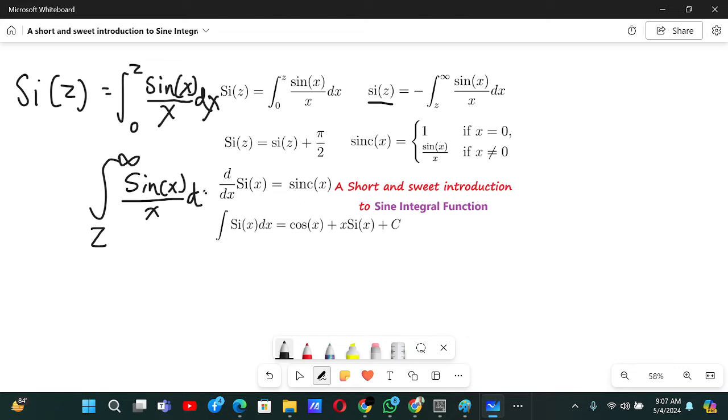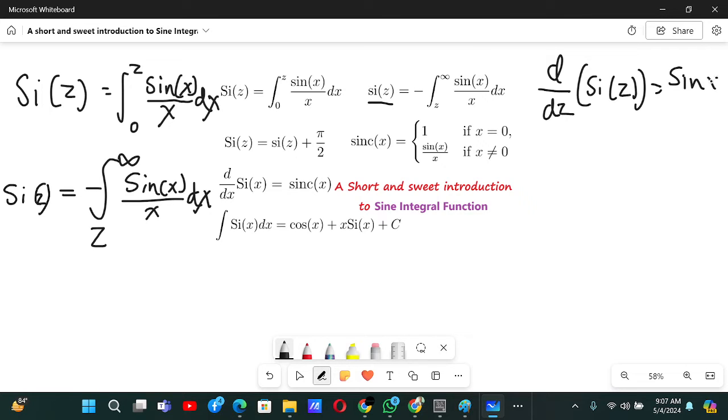Now, the reason behind putting a negative sign over here is that if we put a negative sign and write this as small si of z, then when we are differentiating, we will get the exact same function in both cases. Here it's sine x by x, and in the other also we will just get sine x by x. So that is the reason we put the negative sign.